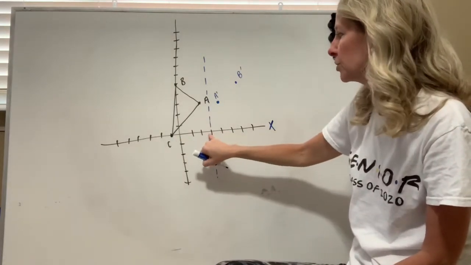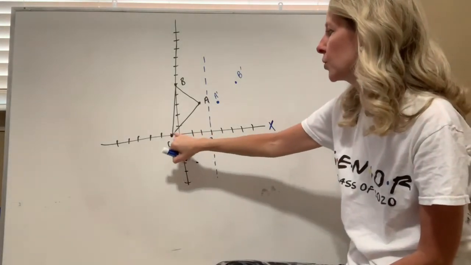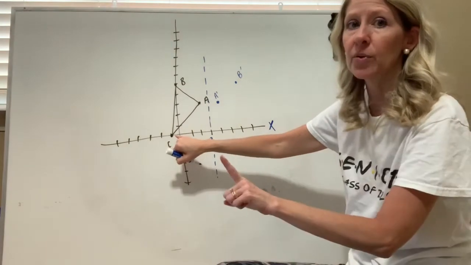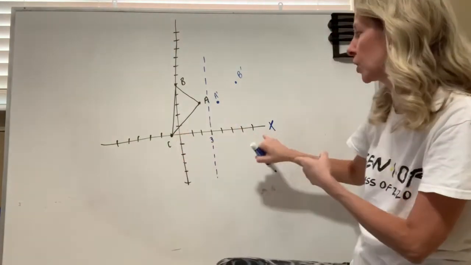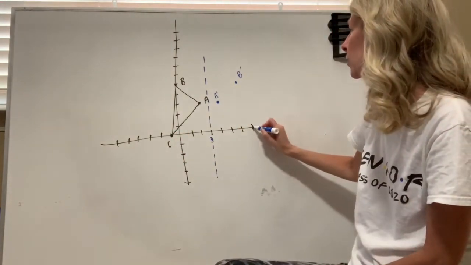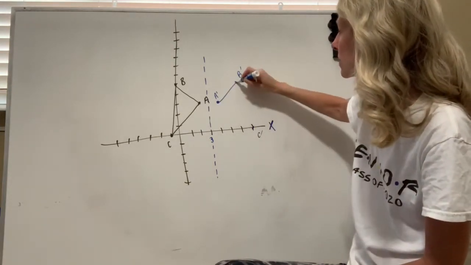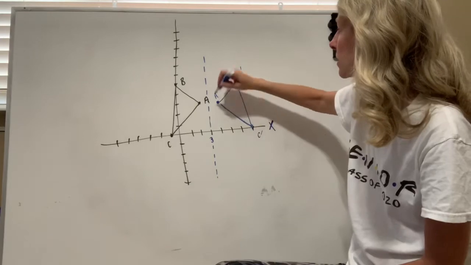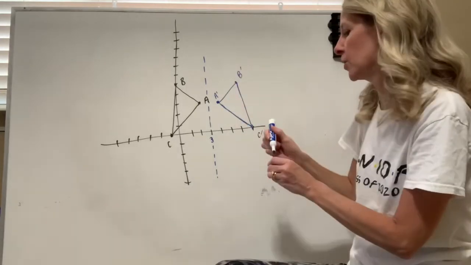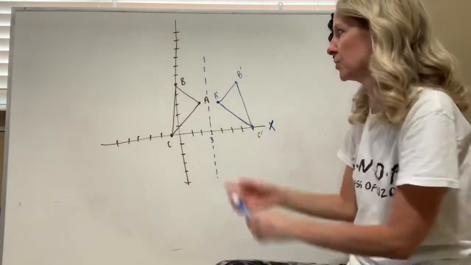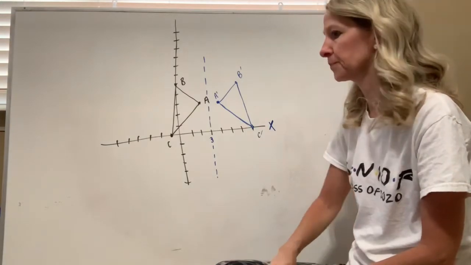C, if you count from the blue dotted line, 1, 2, 3, 4. C is 4 points to the left, so we need to move 4 to the right. So when we do that, it would put us right here. And then when we connect, there's our triangle. So again, folding that paper, you get the 2 parts that match up.